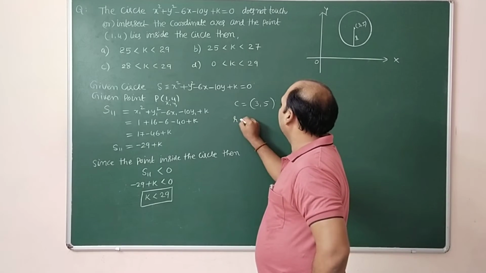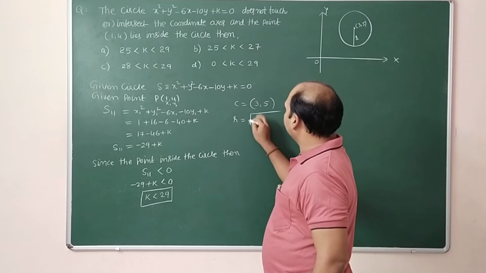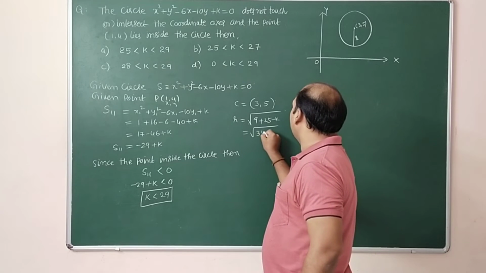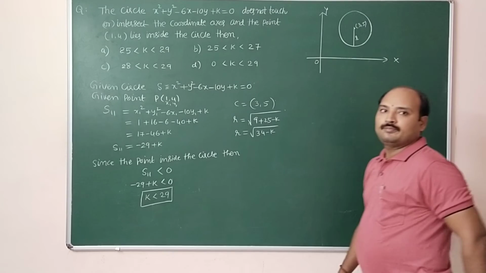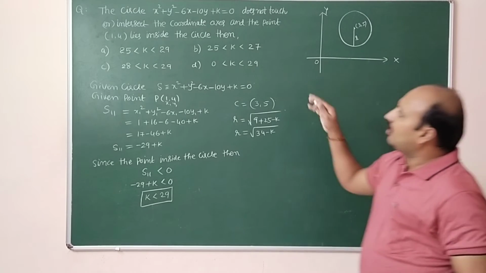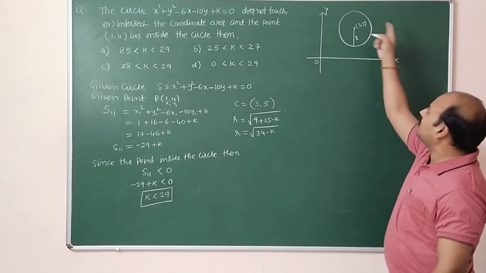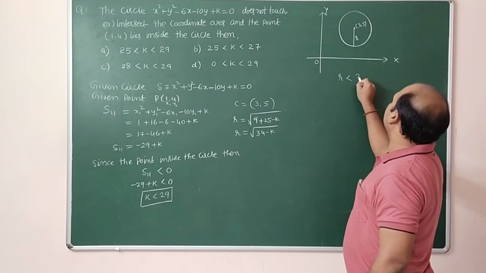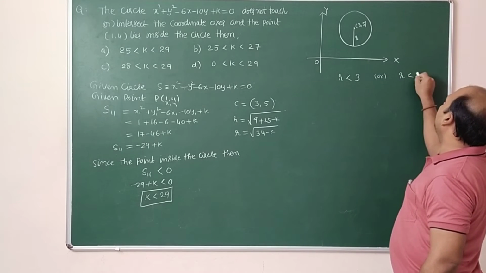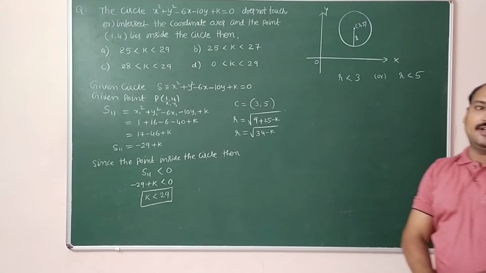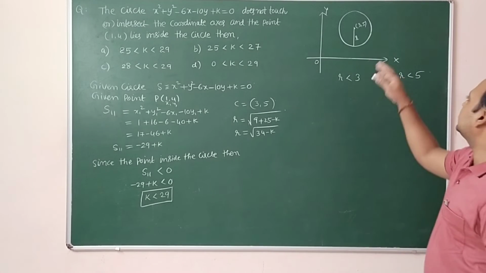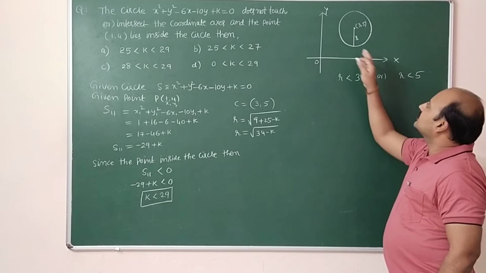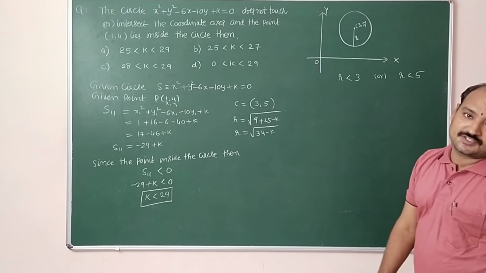What is the radius of the circle? Root of g square plus f square minus k. So root over 34 minus k is the radius. Whenever the circle does not intersect or touch the coordinate axis, r should be less than 3 or less than 5, either the x coordinate or the y coordinate, whichever is less, that is 3.